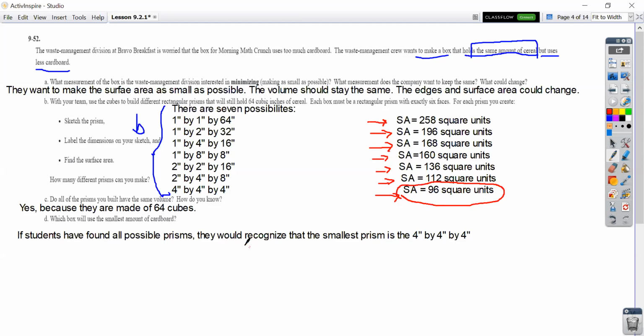So this is the one that they want to recognize. The smallest prism, 4 by 4 by 4, is the one that used the least amount of cardboard. Okay. All right. Now let's move on to the next question.